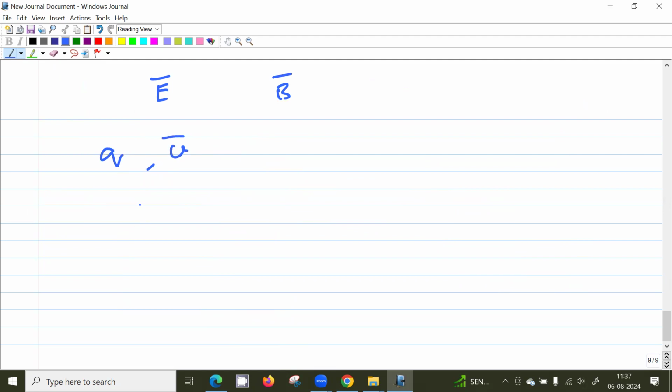So the force on this charge due to the electric field will be qE, and due to the magnetic field will be q into v cross B. So this is the general force relation.